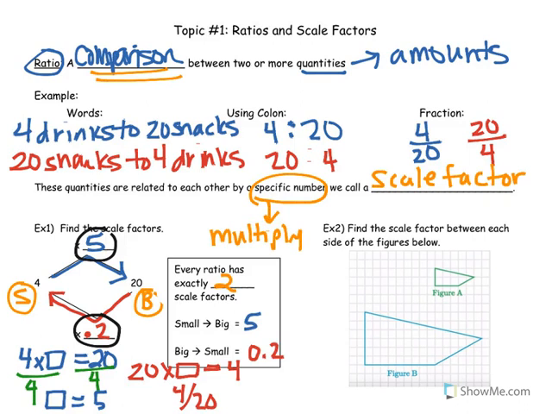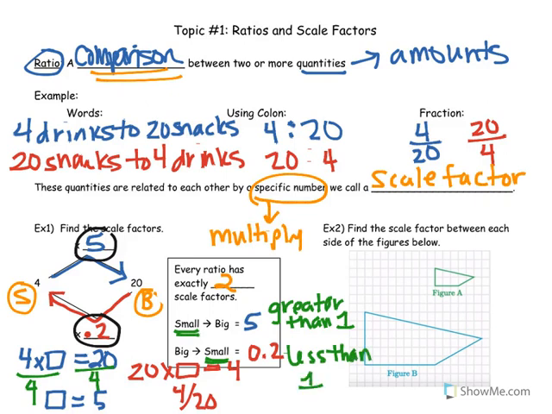Whenever I'm going from a smaller number to a bigger number, this scale factor is always going to be greater than 1. I need it to get bigger. Whereas when I go from a big number to a small number, this will always be less than 1, a fraction or a decimal.